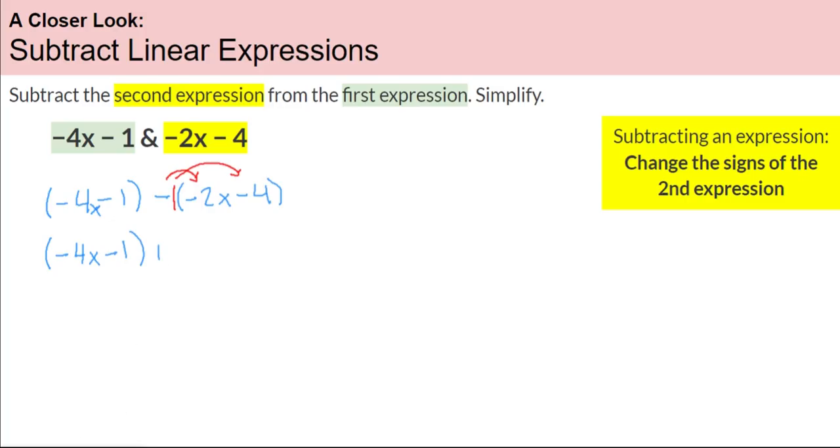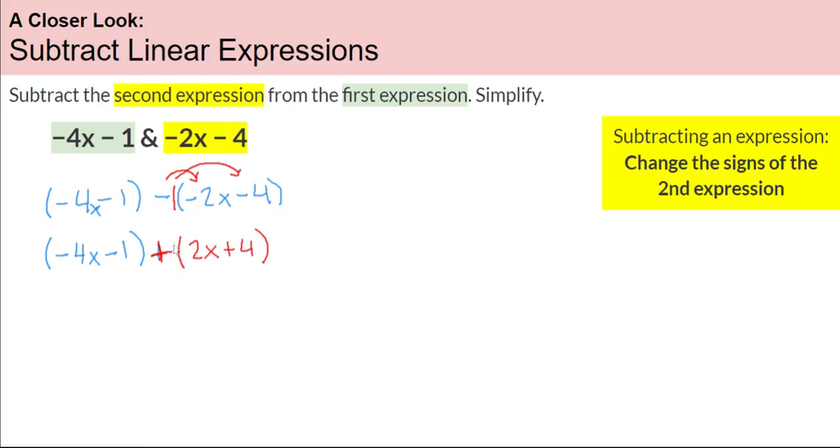So that's the one thing we've changed, plus. And then instead of a negative 2x, we're just going to have 2x, positive 2, plus 4. Okay, so you can see now the signs changed, negative to positive, minus to a plus.